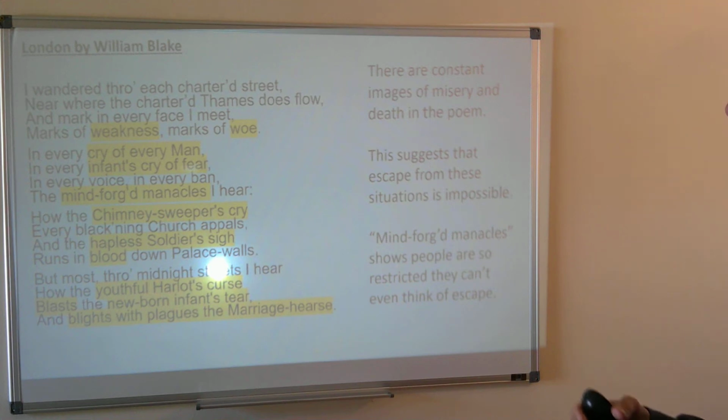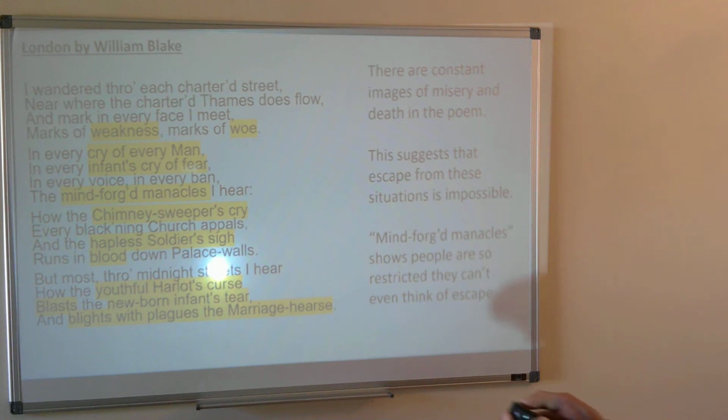These suggest that escape from the situations that Blake's describing here, poverty, misery, injury, prostitution, illness, slavery almost, where chimney sweepers are concerned, is impossible. These people can't get out of it. It's absolutely tragic.